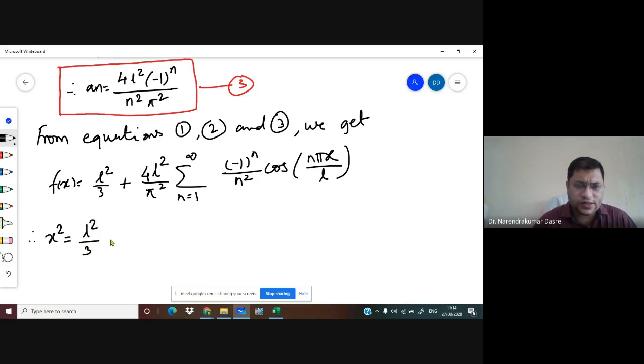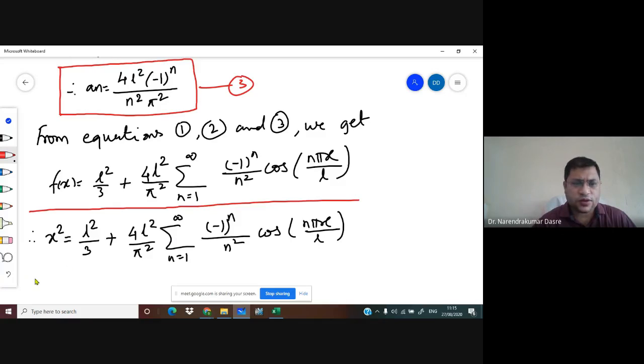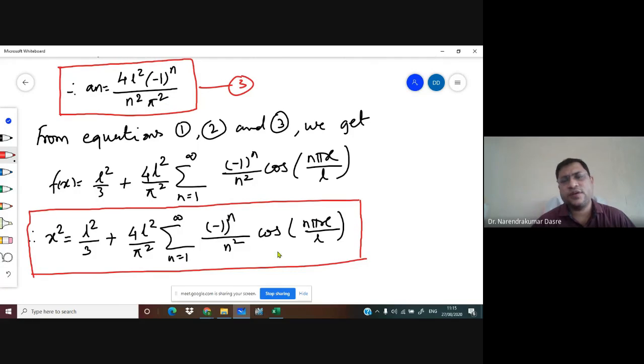So x square is equal to L square by 3 plus 4L square by pi square summation n running from 1 to infinity minus 1 raised to n upon n square cos of n pi x by L. So that's what we have, the Fourier series for the function of x.